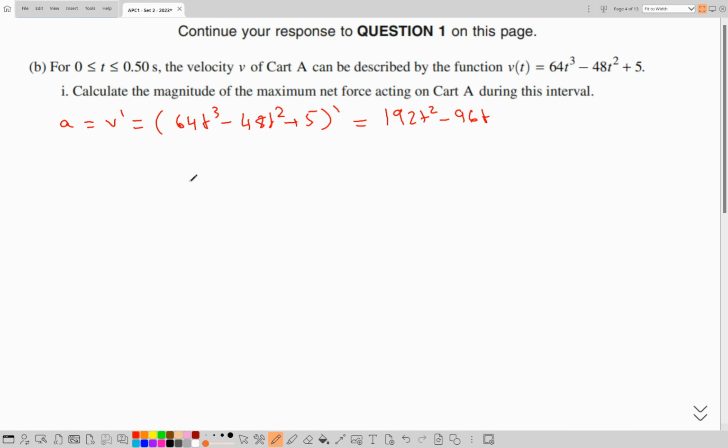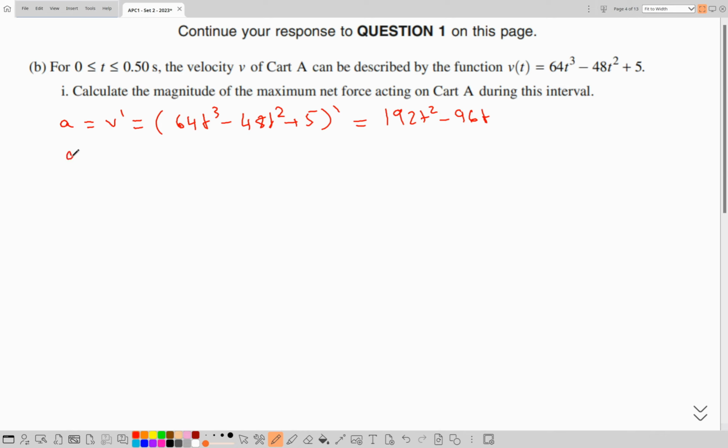How can we determine the maximum acceleration? Simply, we differentiate the acceleration, solve for a prime equal to 0, and substitute back in the acceleration, because we're interested in determining the maximum acceleration. The maximum and the minimum values of a function can be determined by their derivatives.